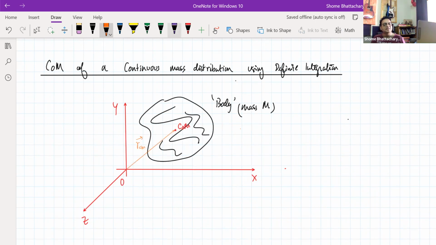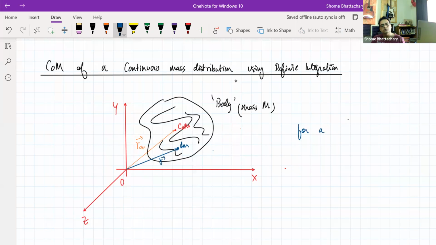Had it been a collection of particles, it would have been the weighted mean of the individual positions. Here it is a collection of particles which are very small, an infinite number of such particles. So what we do is we take a differential mass element. That means we take a particle of extremely small mass compared to the total mass of the system. The mass of this particle is very small, and let's say its position is r.